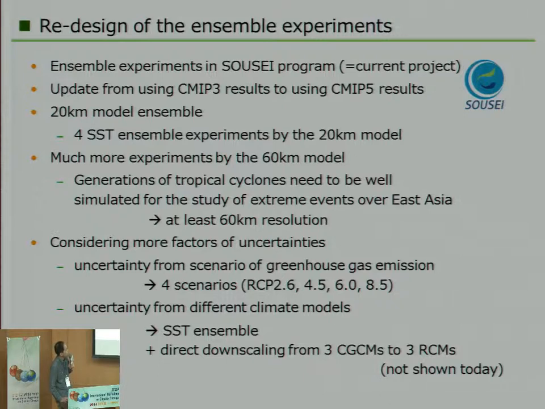We use the 60-kilometer model because generation of tropical cyclones needs to be well simulated for the study of extreme events, especially over East Asia. So we cannot use a coarser resolution model. We must use relatively high resolution ensemble experiments.